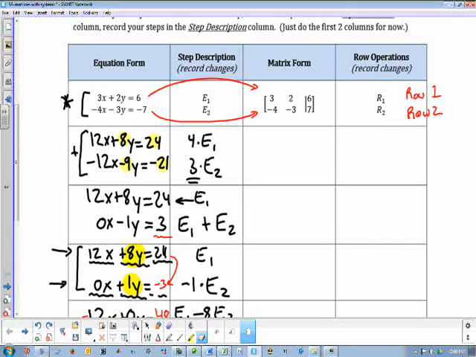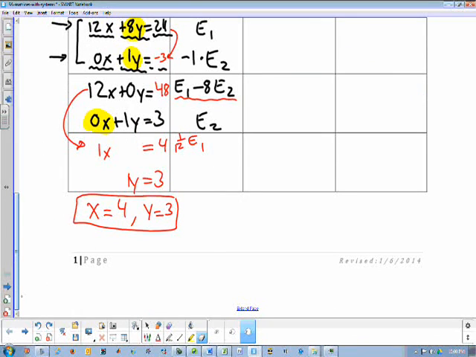And remember, they just represent equations. And our goal down here is to end up with an augmented matrix that says 1, 0, and some number over here, 0, 1, and some number over here. And you might have an idea of what we end up with, or where we're headed.